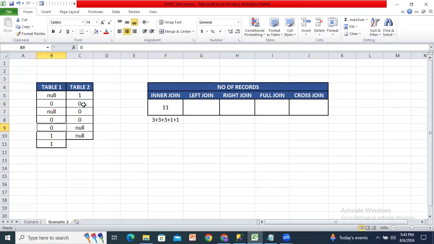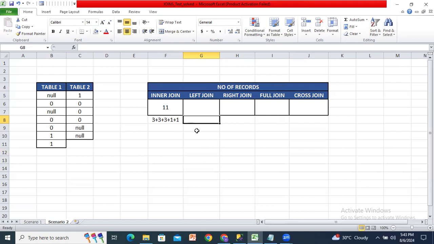In table 2, how many zeros? 1, 2, 3. So 3 zeros times 3 zeros, 3 times 3, 9 records. How many ones? 2 here, also 1. 2 times 1 is 2. 9 plus 2, 11 records. This is the shortcut method to find the number of records in the interview.